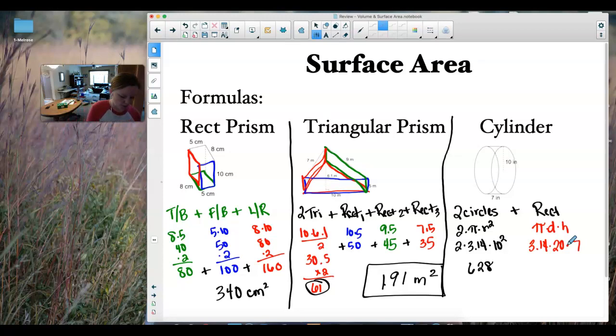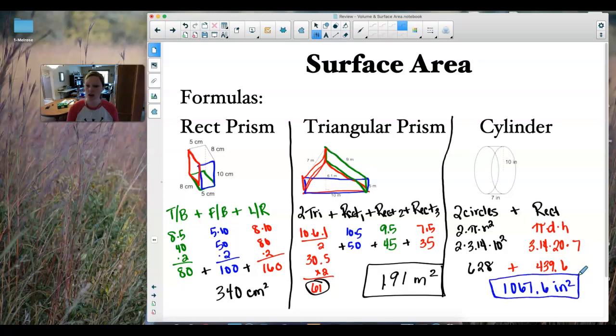So 3.14 times 20 times 7 is 439.6, and then we add those two things together. So 439.6 plus 628, you end up with 1,067.6 inches squared.